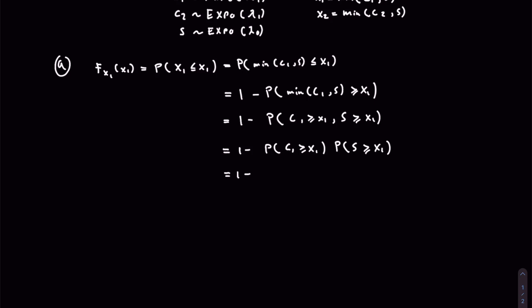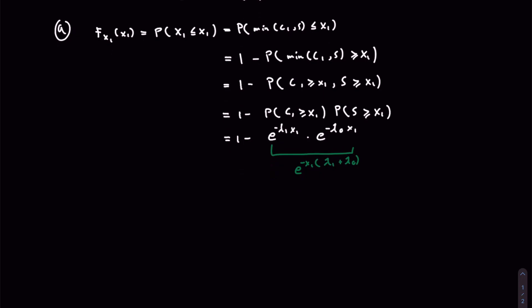They are in fact exponential. So we have the exponential, and this is the complement, so we get 1 minus e to the minus lambda 1 x1 times e to the minus lambda 0 x1. Okay, and that could be written as 1 minus e to the minus lambda 1 plus lambda 0 times x1.